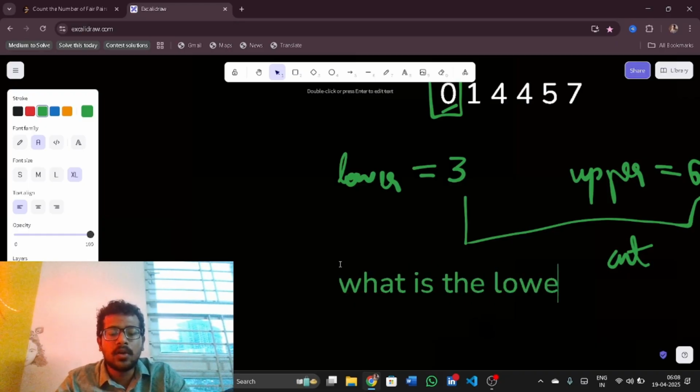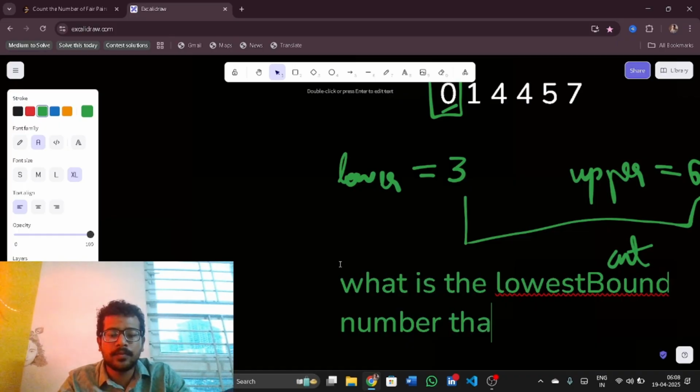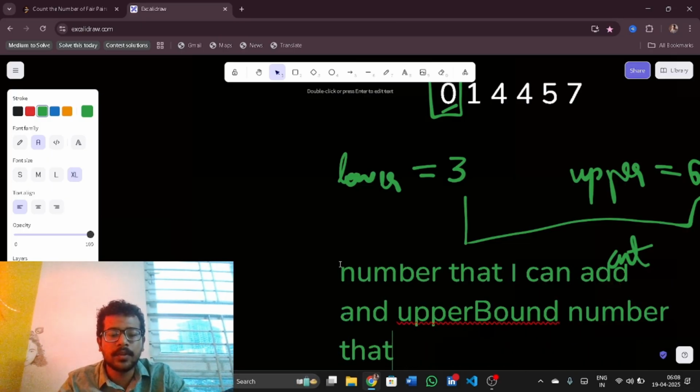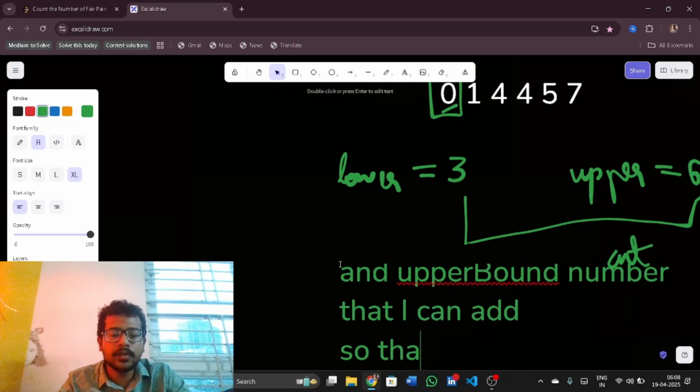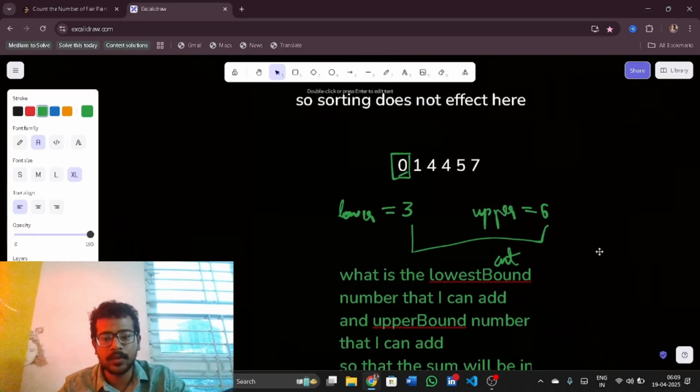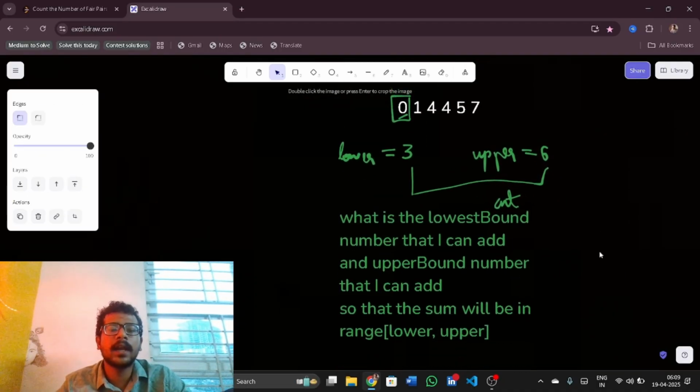What is the lowest bound number that I can add and the upper bound number that I can add so that the sum will be in the range of lower and upper?